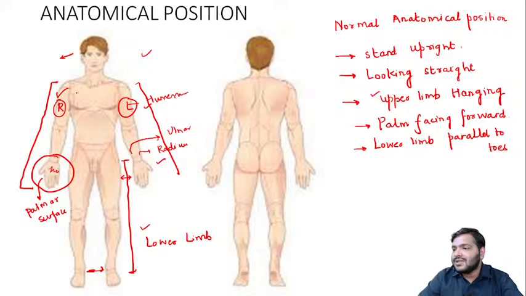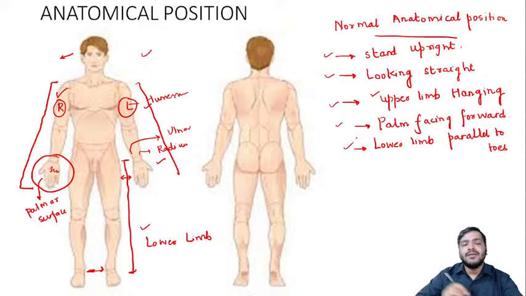Otherwise you will explain the whole bone, and ultimately you will land up getting a 0. Why? Because you didn't hold the bone in the respective hand. So that is the importance, guys, you should know. These are the practical aspects, and apart from that, these are the 5 points that you have to keep in mind regarding the normal anatomical position, okay?